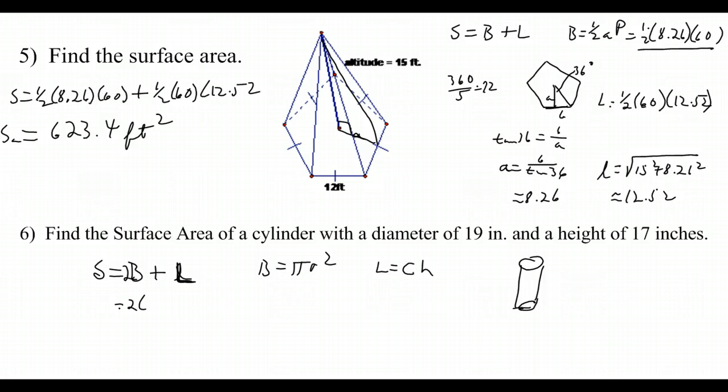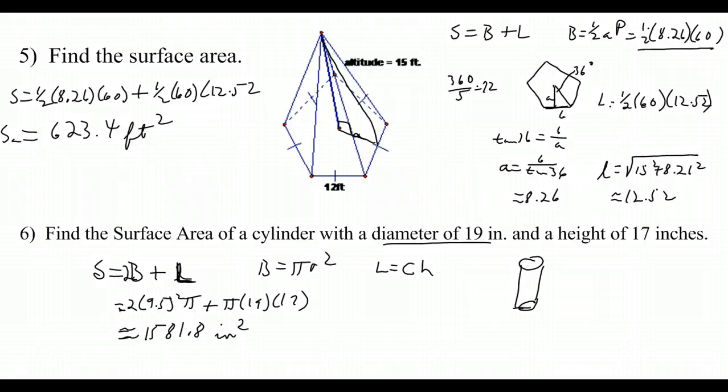So I have 2 times 9.5 squared times pi. Since the diameter is 19, the radius is 9.5, plus my circumference is pi times the diameter, so pi times 19 times the height of 17, and so altogether that comes out to be approximately 1581.8, and that will be square inches.